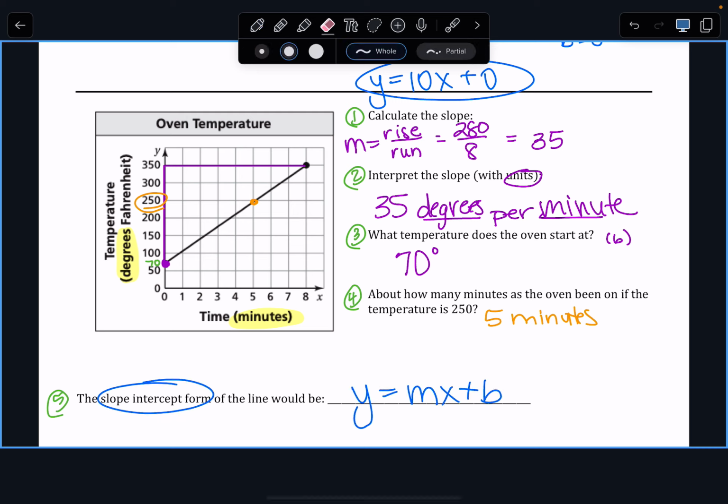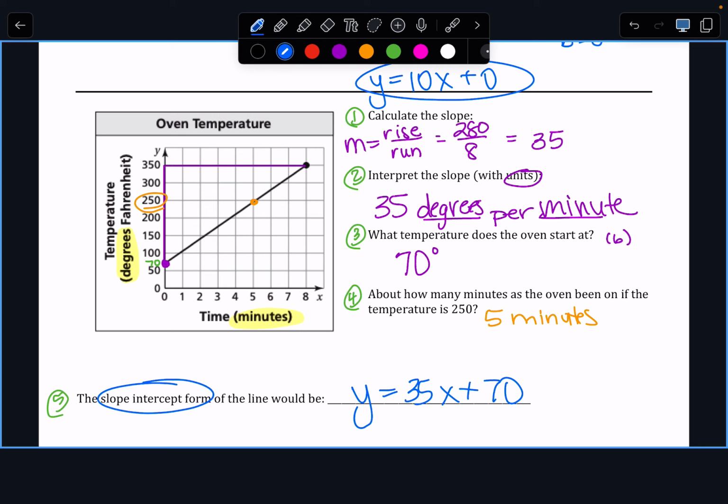Did we figure out what the slope is? 35. Did we figure out where we start? Yeah, 70. There's our equation. I could ask you, how hot would the oven be in 10 minutes? And we could figure that out without the graph. Okay?